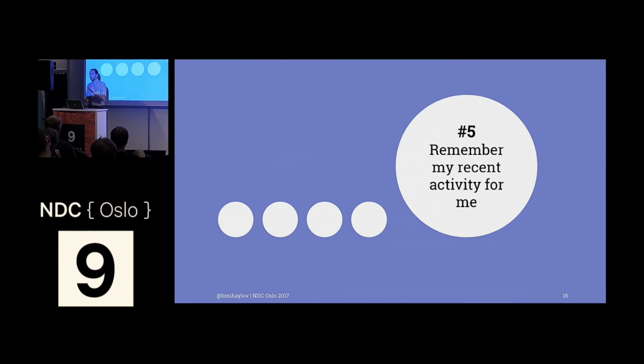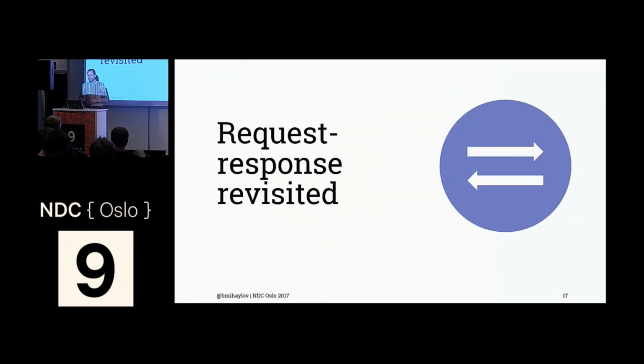So now we have to think about what having these principles means and how we go on with that as developers, because most of us in this room are developers, so we want to see how we can take it to the next step. The first thing we have to do is go back and revisit what is called the request-response model.